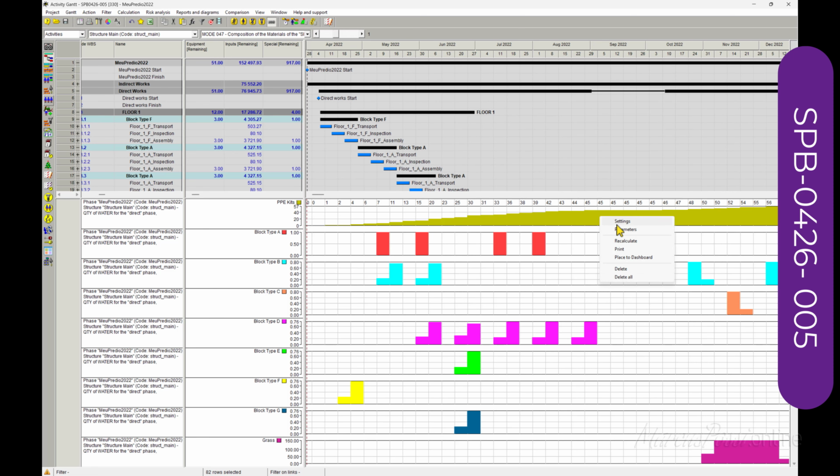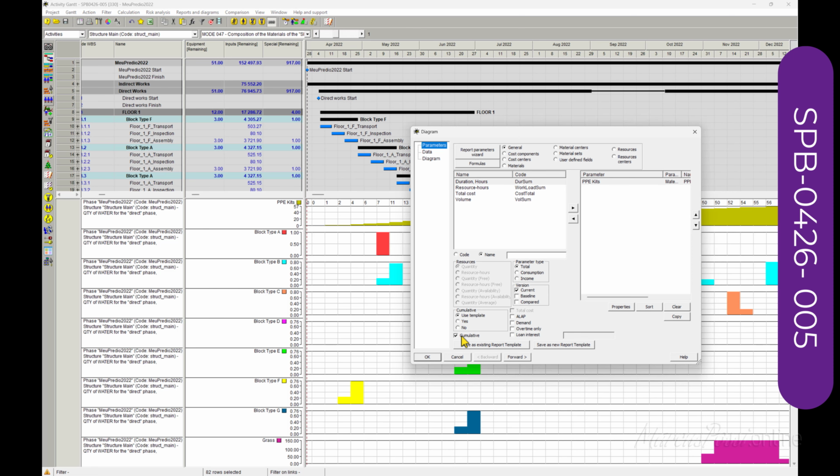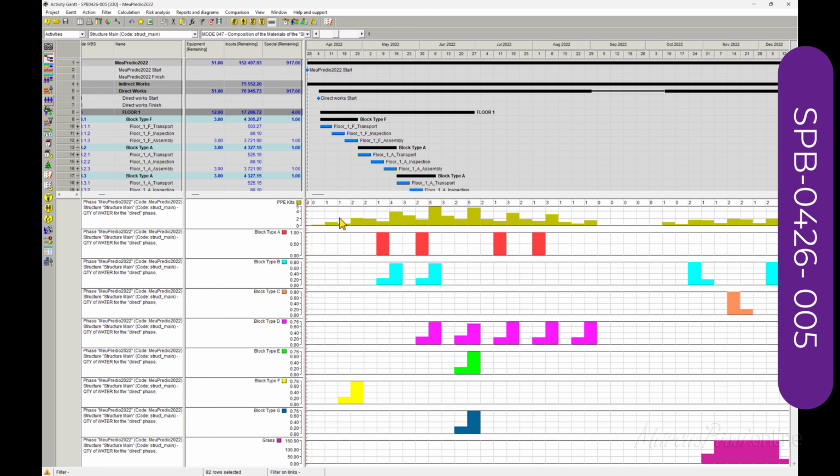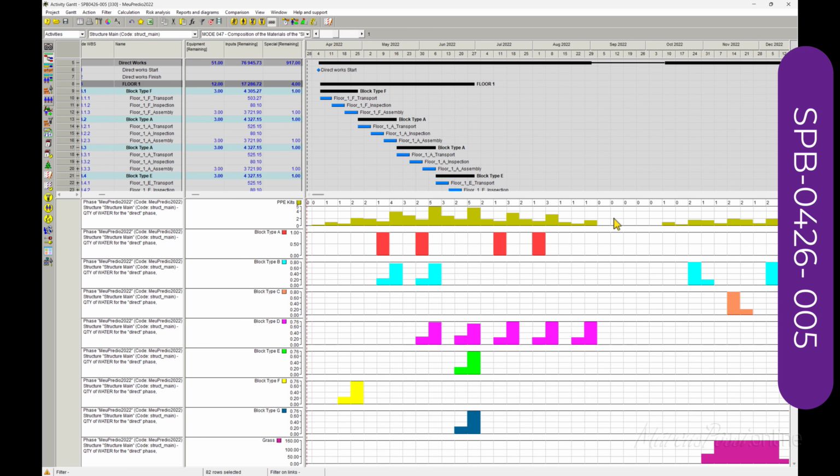Week by week: 1, 1, 2, 2, 4. We have a median here of 5 people working together. It seems that there are 5 workers at the same time as a median.